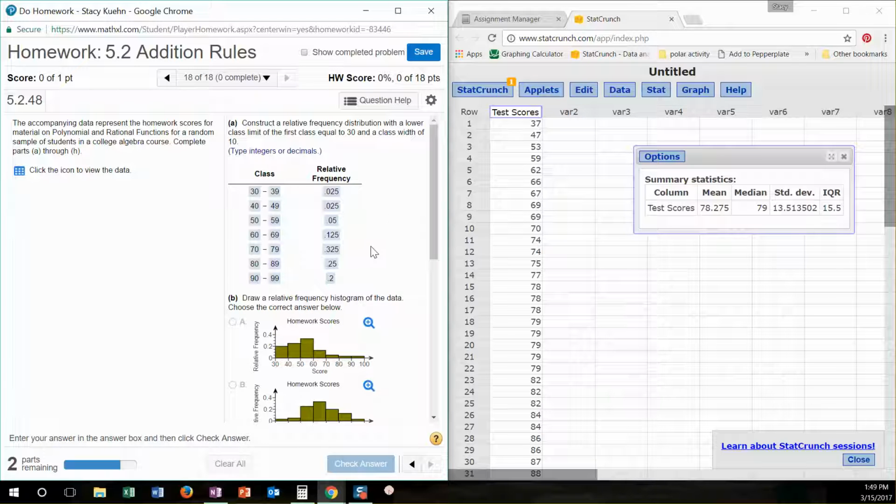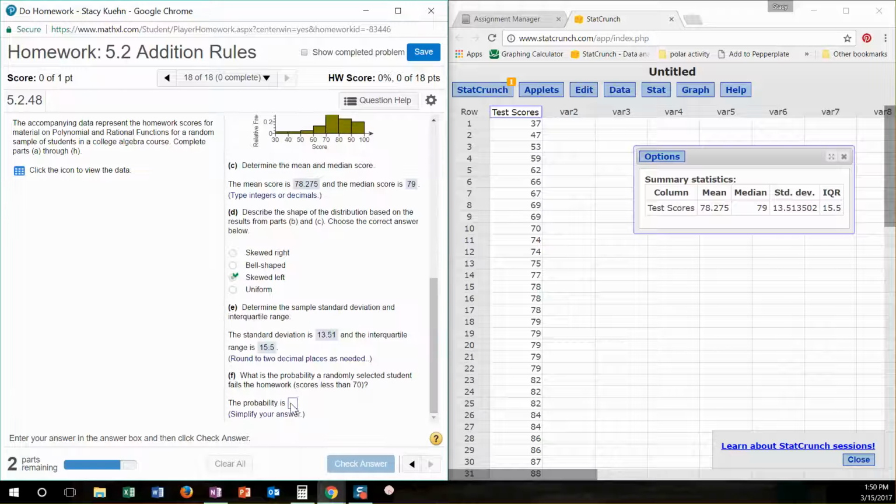If a student made less than a 70, then I would add 0.025 and 0.025, 0.05, and 0.125. In other words, the sum of all of the probabilities that are less than 70. And that's how I would answer this question.